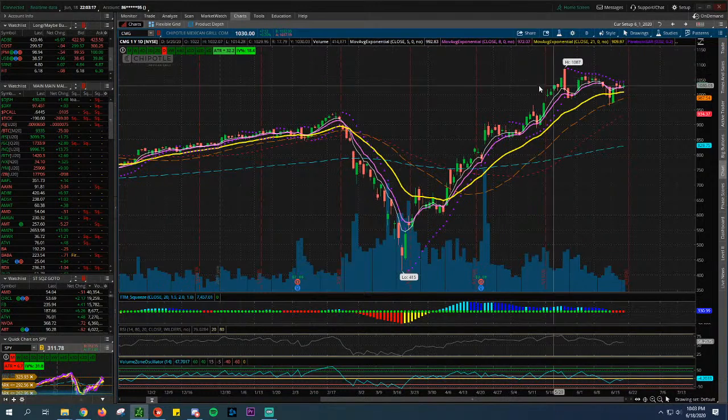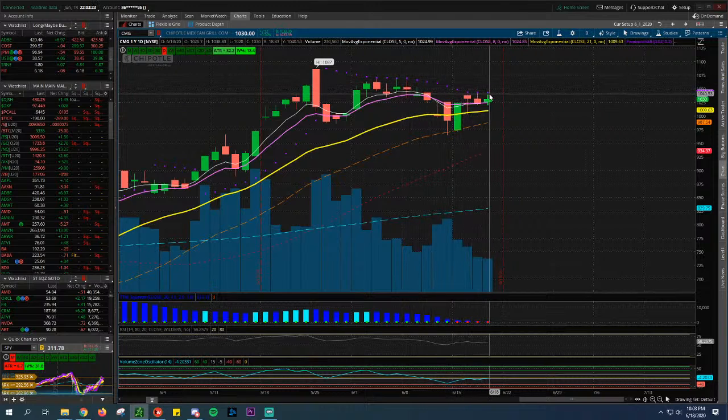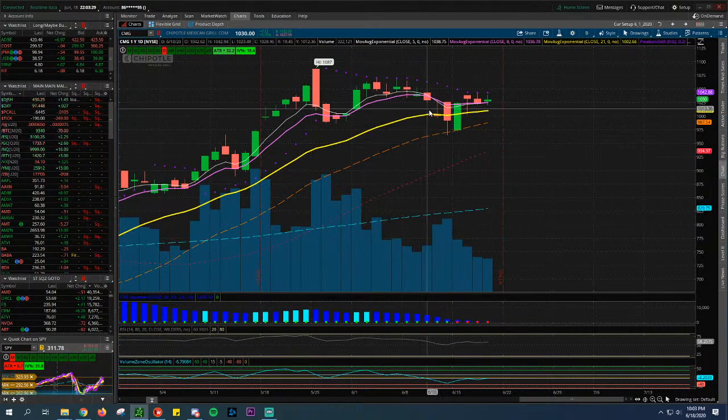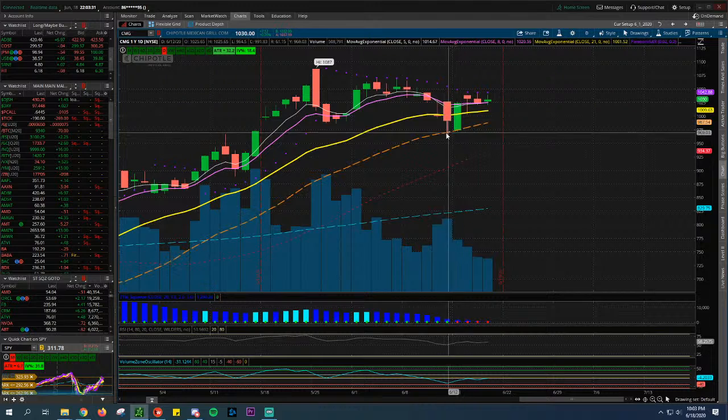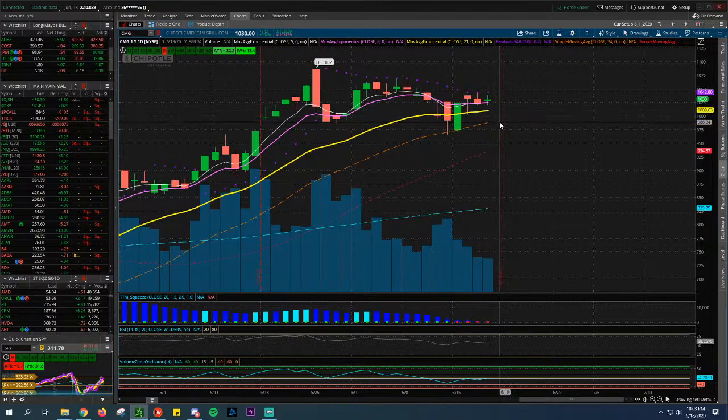Yeah, so I see what you see here as well. Again, that parabolic SAR has really been putting a hinder to its overall rocket fuel, but it has been trading at the 34. As you can see, it bounced here at the 34 multiple times as its support. So that is indicating if something does go sour, that 34 is going to come into play as the first line of resistance.